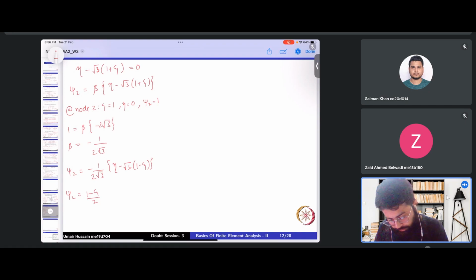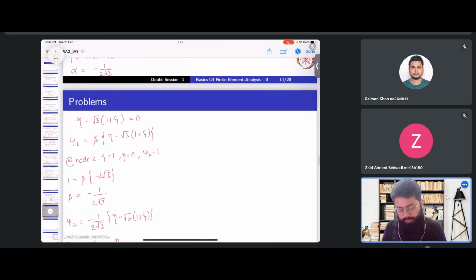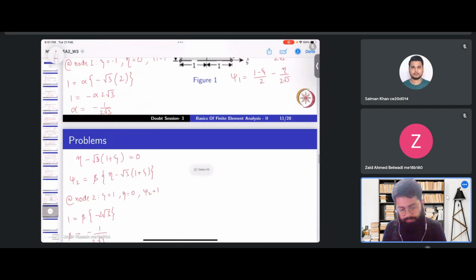It's not 1 minus zeta, it's 1 plus zeta. Right? Different from the previous one.